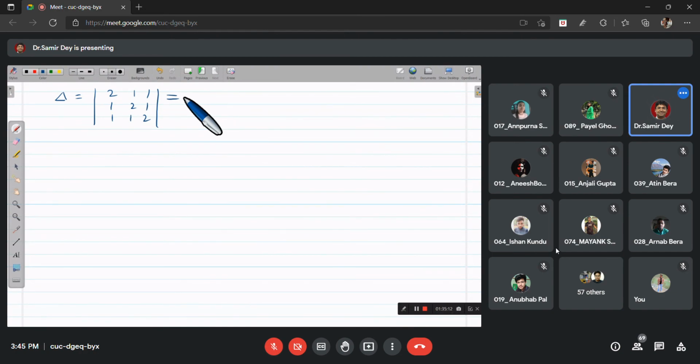Everyone, please check the value. What value is coming?